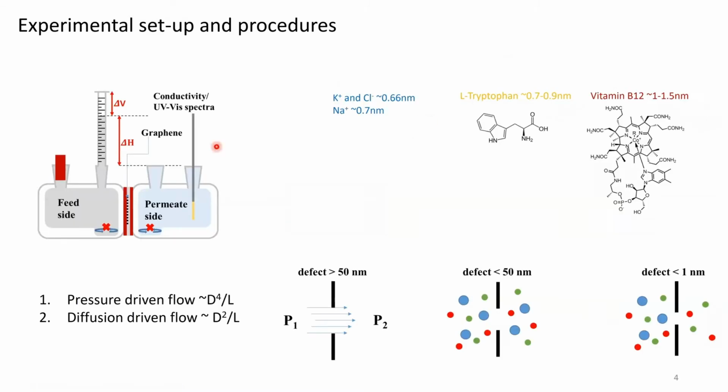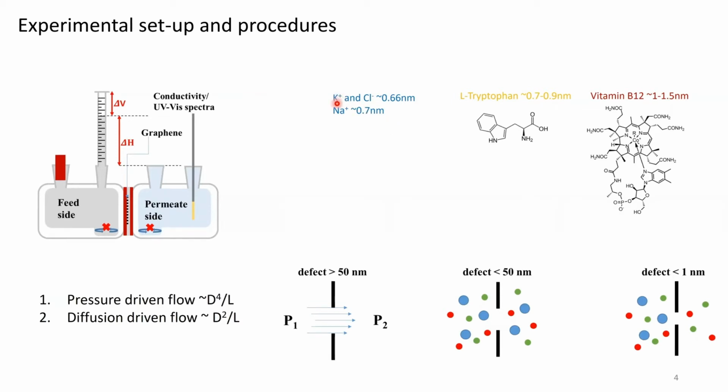We then sandwich these membranes into a side-by-side diffusion cell, which has a stem that allows us to do hydrostatic pressure-driven flow experiments, as well as osmotic pressure-driven flow experiments, while quantifying the amount of solvent that goes between these two reservoirs. We simply use three or four different kinds of analytes.